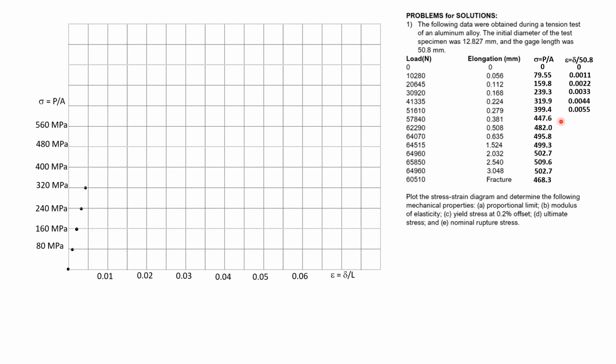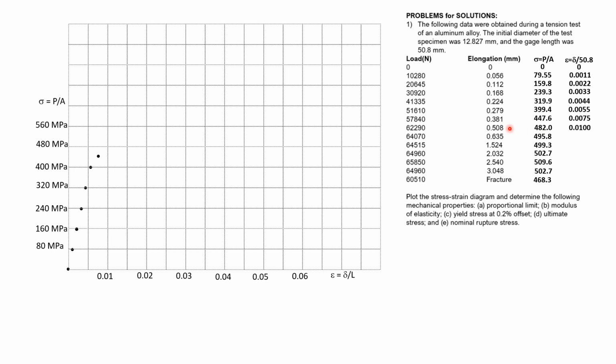And the stress is almost 400 megapascals, so it's approximately there. Then 0.381 divided by 50.8 is 0.0075, so that's between these two. So 0.0075, and the stress is 447.6, so it's somewhere there.